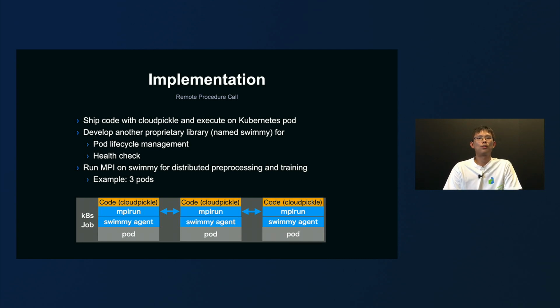Other than execution on the pod, Sweeney also has pod lifecycle management and health check features. And the bottom diagram is the execution stack. Sweeney agent on the Kubernetes pod manages the state of the pod. MPI run and user code is executed on top of that.